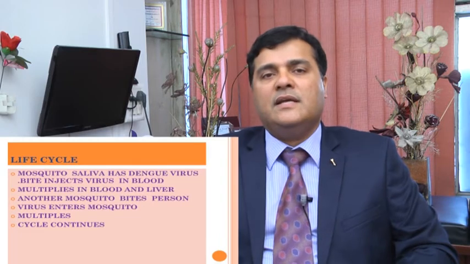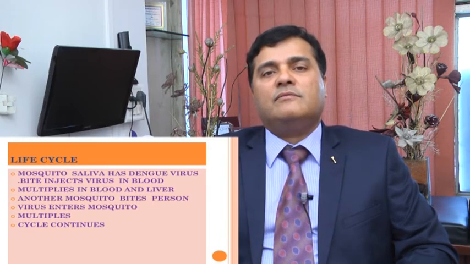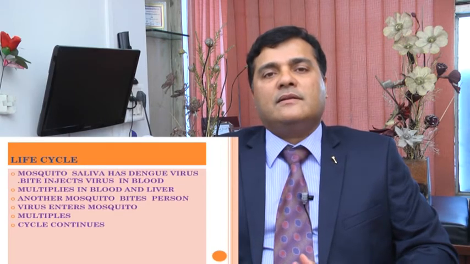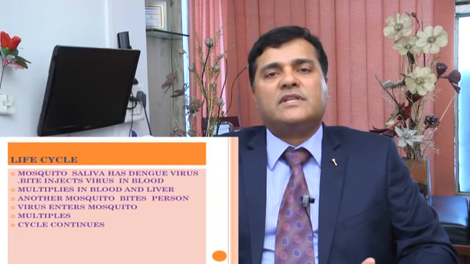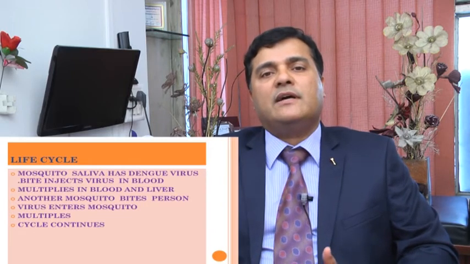So once the virus enters the body, there are different forms of dengue with different clinical symptoms. But interestingly, in dengue there is what we call sequential infection. Suppose a person has been infected with a type 2 dengue virus some time ago.